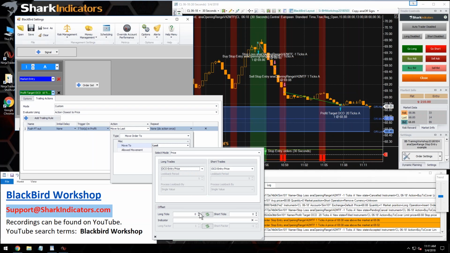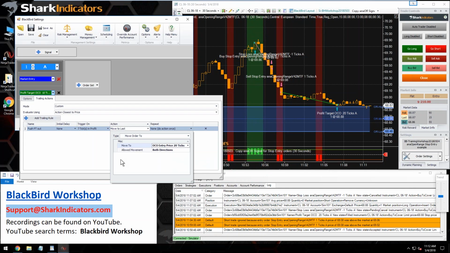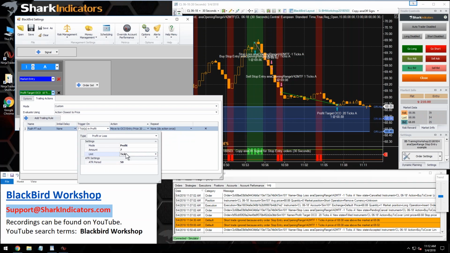So take that and we'll just push this out to a 20 tick profit target, like so. Now this will be a one-time action, because remember, we're testing to see when there's 7 ticks in profit to move that order out.